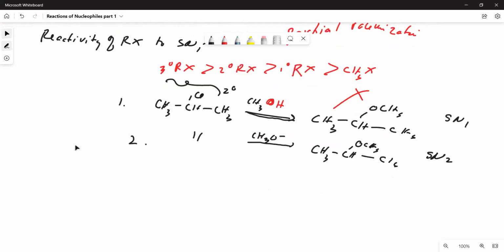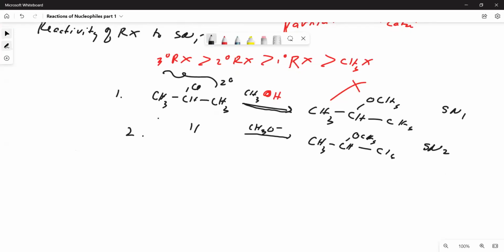Similarly, for allyl chloride, this is a primary alkyl halide, right? Same thing with benzyl chloride. We said that these two undergo SN2, right? Can they undergo SN1 even if they're primary? Yes.